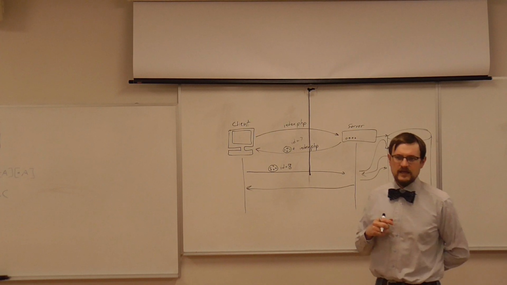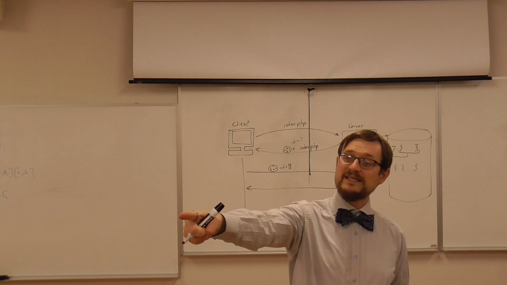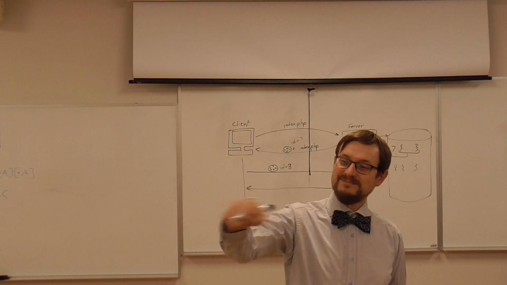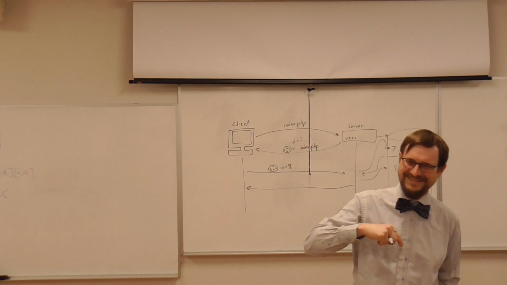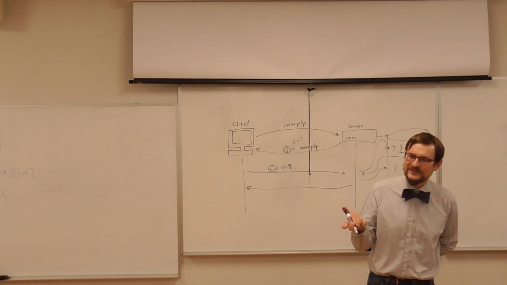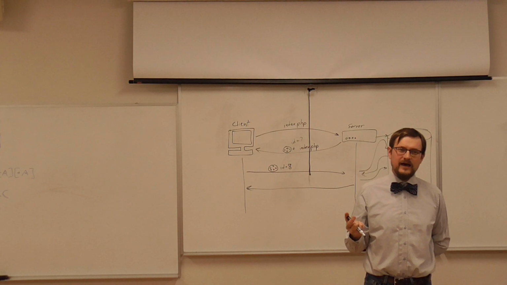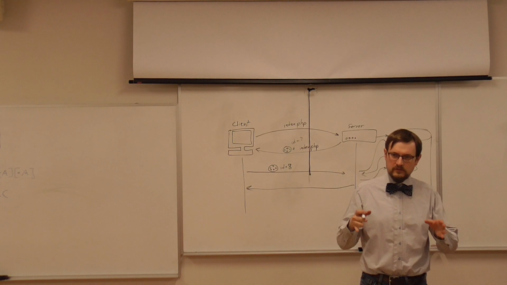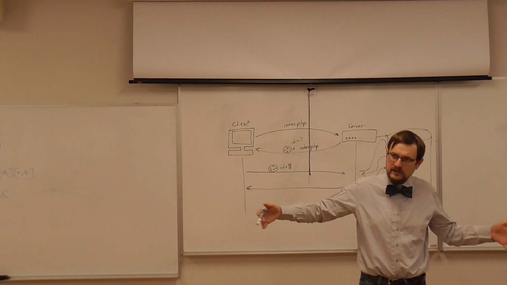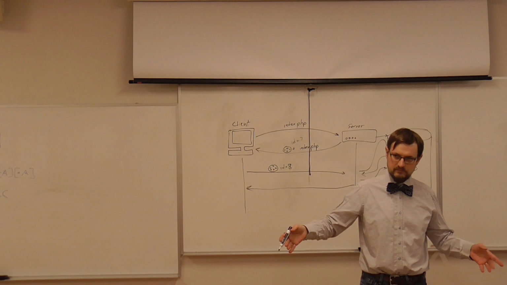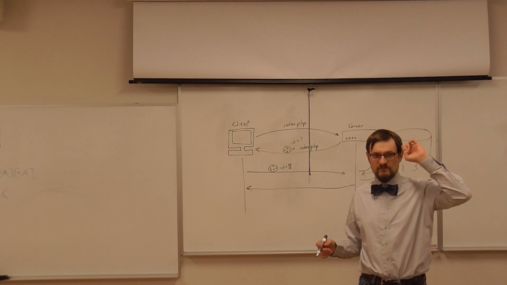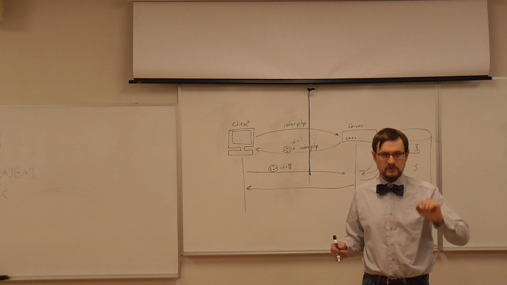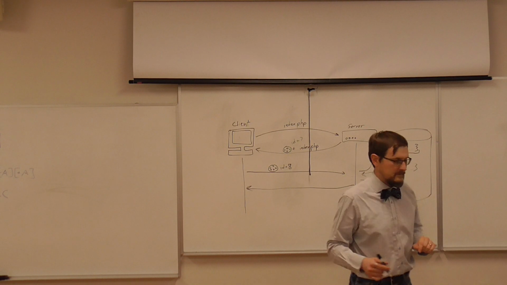If I say, guess a number between 1 and 10 million. 47. You've got a 1 in 10 million chance, right? So the more complicated the number is, the harder it is to guess. So that's the first very important principle of cryptography, right?